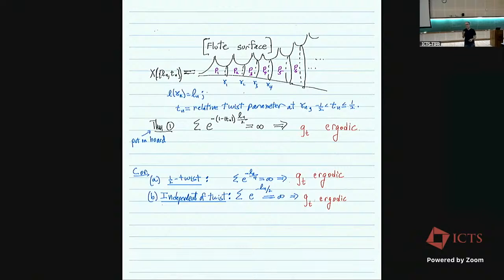So find necessary and sufficient conditions. That's hard. And so we're giving at least sufficient conditions for this. Okay, so questions about the statements? I'm going to give you the ideas of the proof. I'll give you the ingredients of the proof.